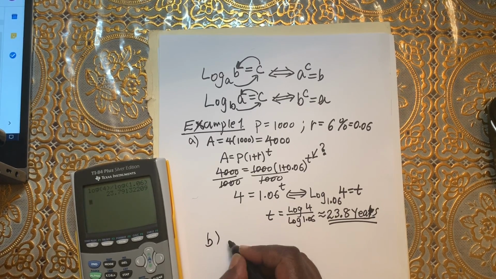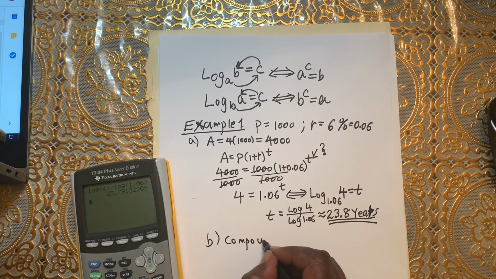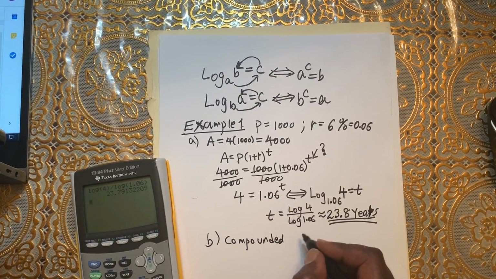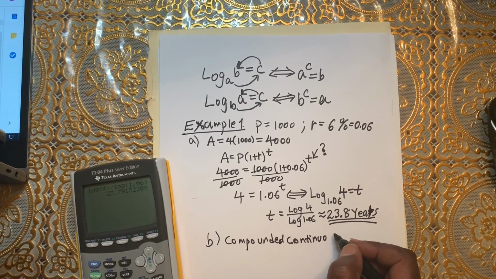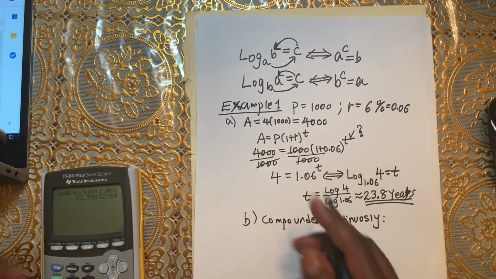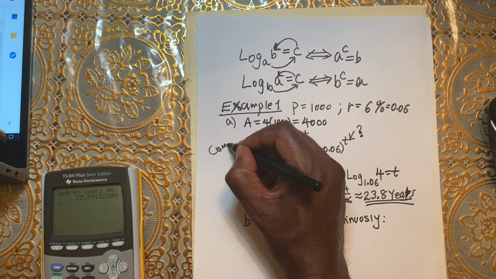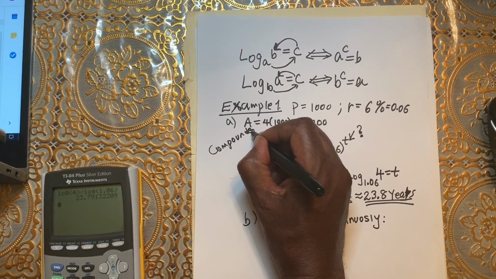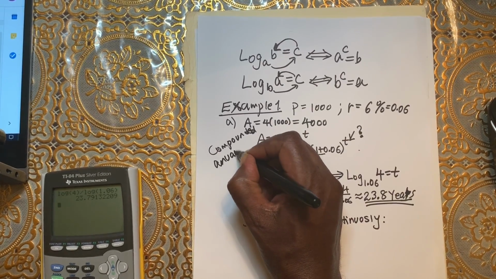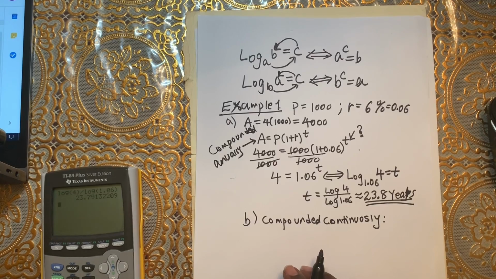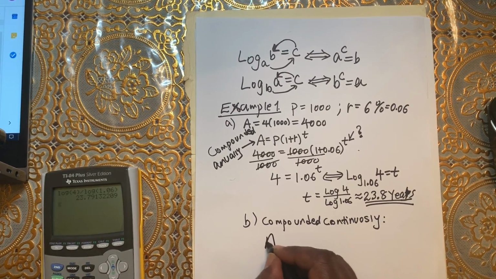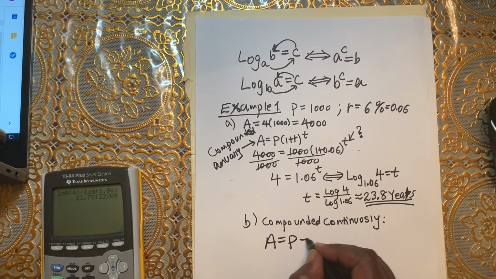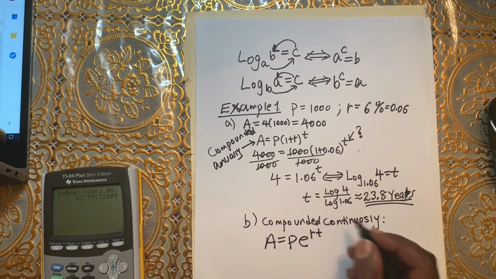Now B, compounded continuously. For compounded annually we used that formula. When it says compounded continuously, we use the other formula which I gave you, P e to the power of RT.